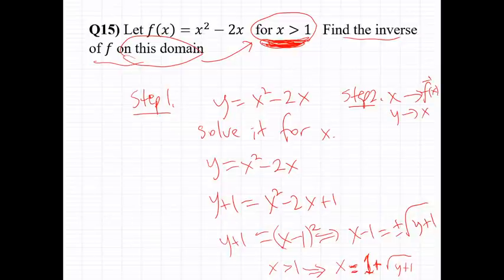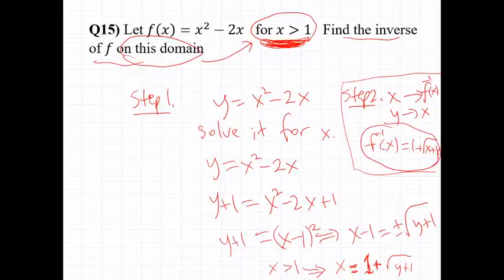So I will say f inverse of x is equal to 1 plus square root of x plus 1. The answer is that f inverse is 1 plus square root of x plus 1.